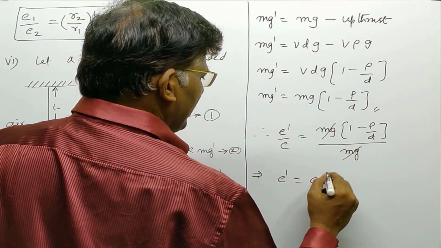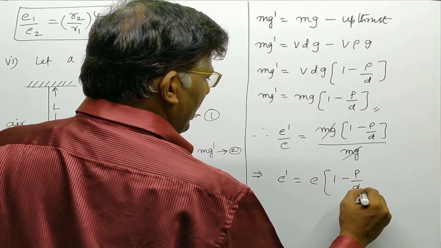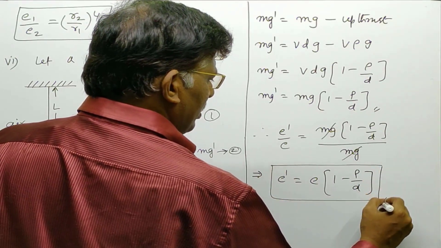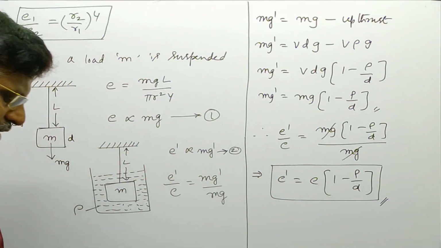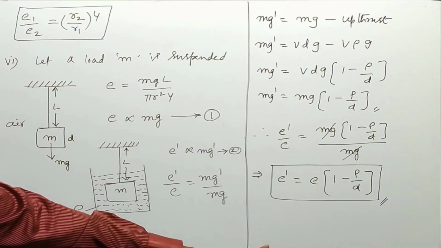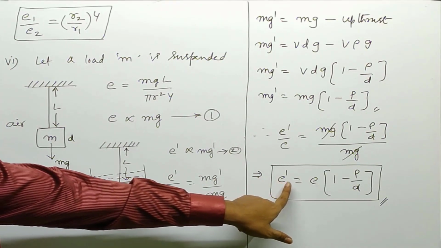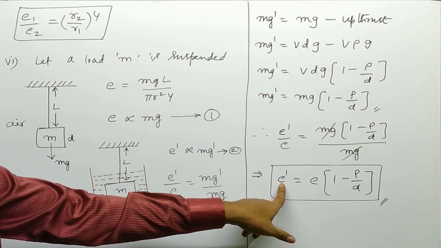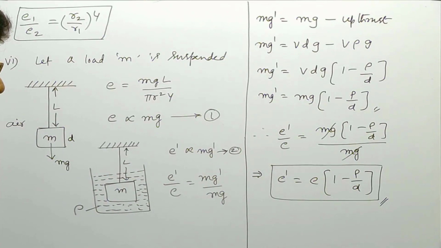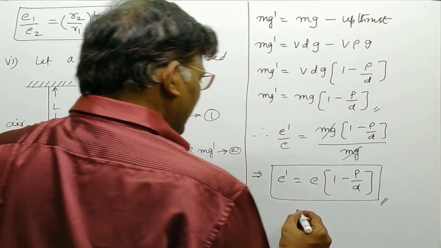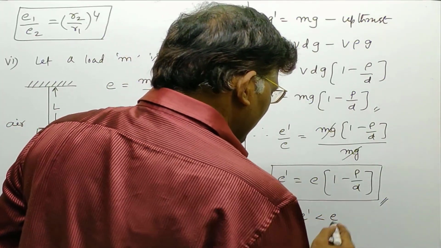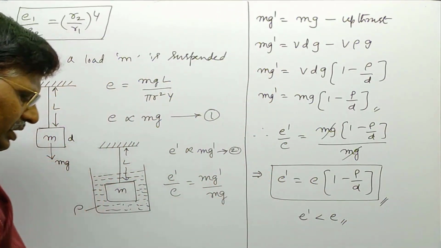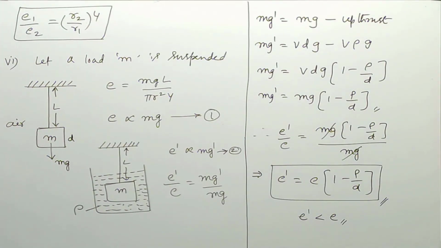So E dash can be written as E into (1 minus rho by d). See, observe this equation. We can conclude that elongation E dash is equal to E into (1 minus rho by d). It is nothing but the extension of the wire decreases, that is, E dash is less than E. That is, when the load is immersed in a liquid, elongation in the wire decreases.